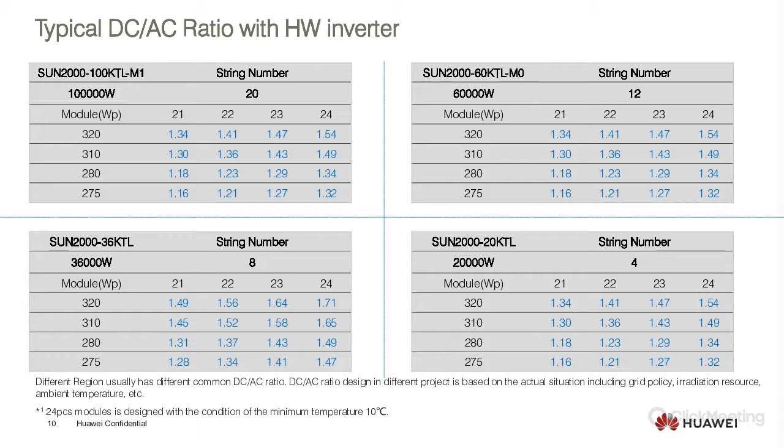With those 12 DC inputs, you are able to connect very comfortably an AC to DC ratio of around 1.16 all the way up to 1.54 oversizing ratio. So that's quite comfortable from the perspective of the inverter itself, and that is adaptable to what is required on site.